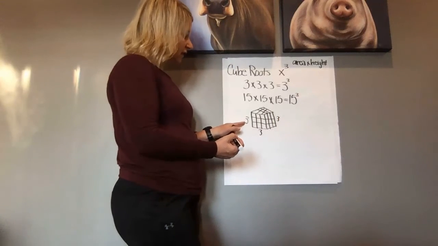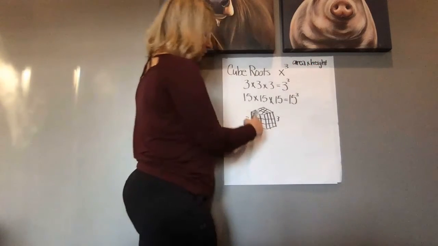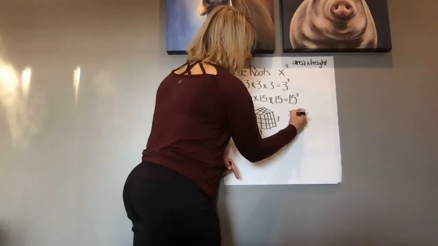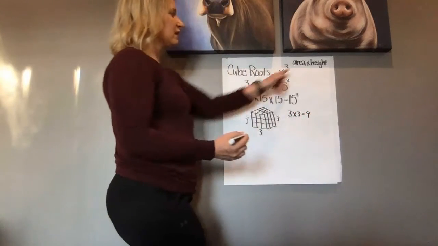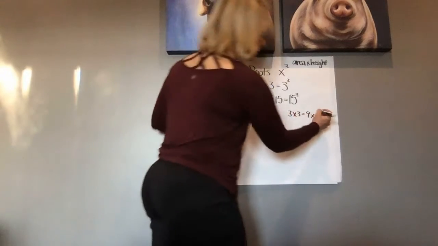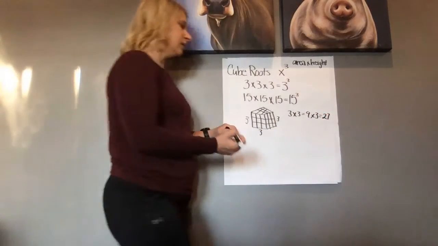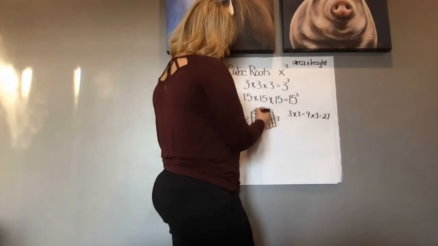So now we think about volume, area times height. When we find area of a square, that's 3 times 3, right? And that gives us 9. But then we have to multiply the height, and the height is 3, so that gives us 27.